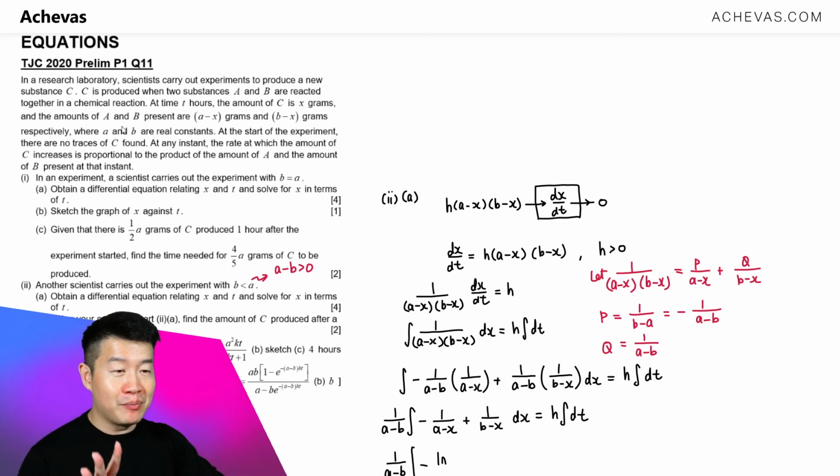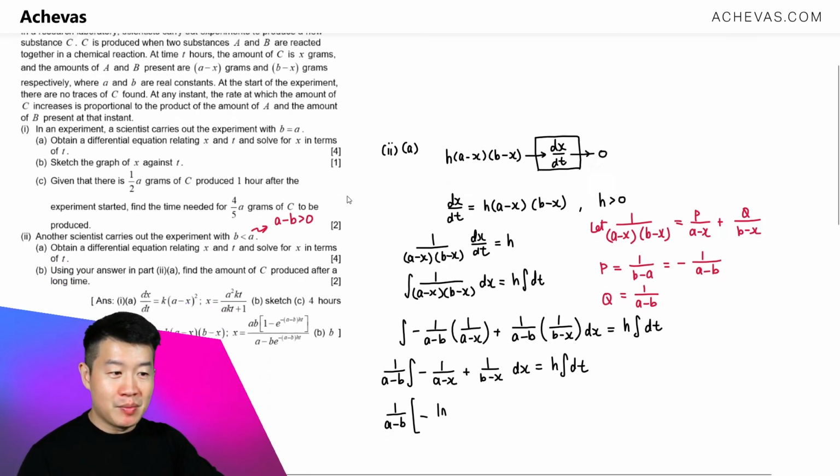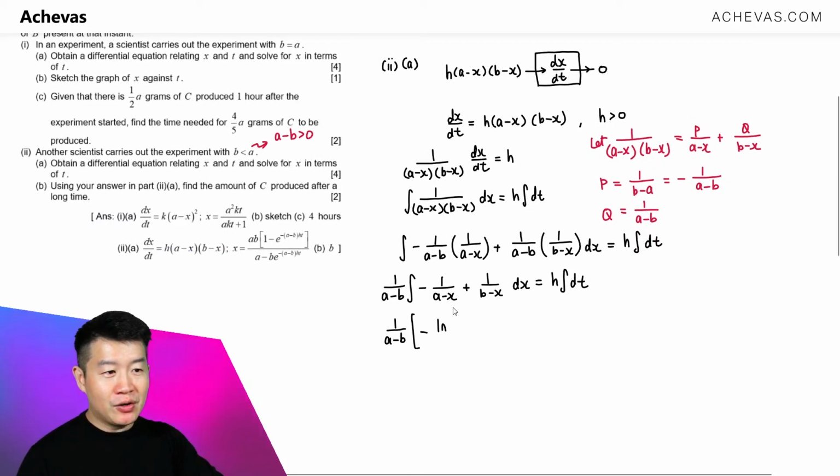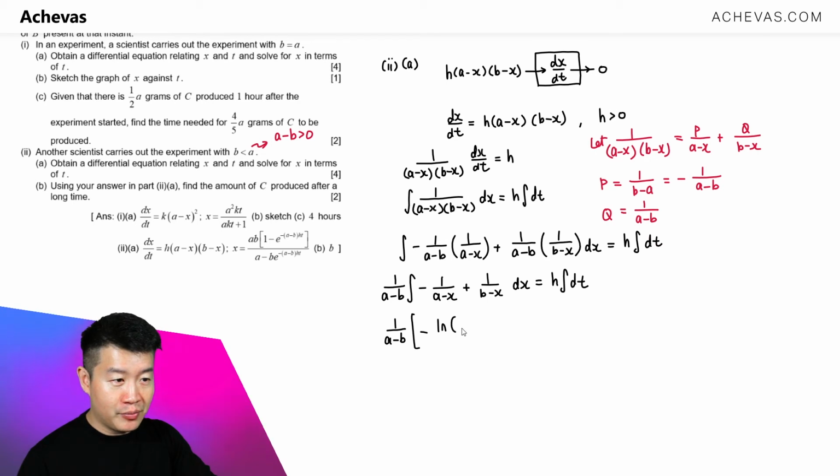So the nature of it already implies to us that they must be positive numbers. So instead of going for a modulus of a positive number, I'm going to go for just a curved bracket of a positive number. So I'll have this divided by the coefficient of x, which is minus 1. Similarly, since b minus x is positive, I will use a normal curved bracket. I will have this divided by minus 1.